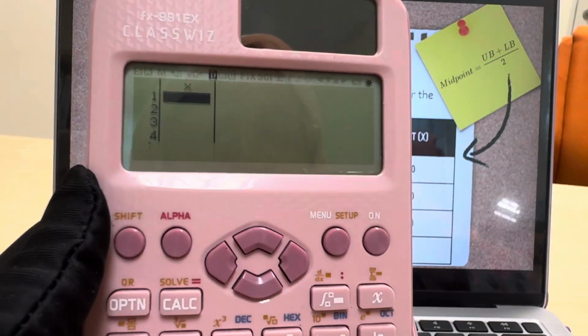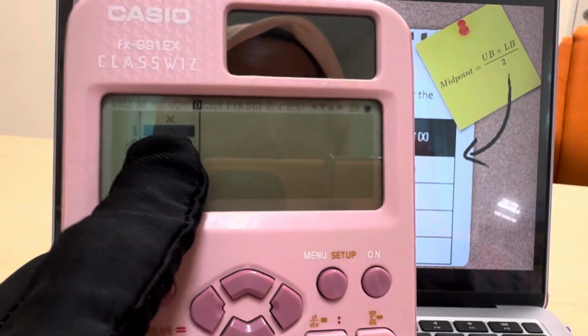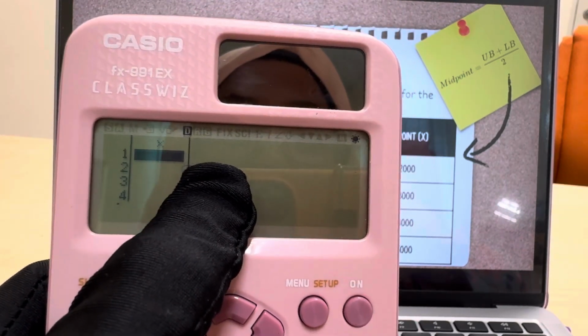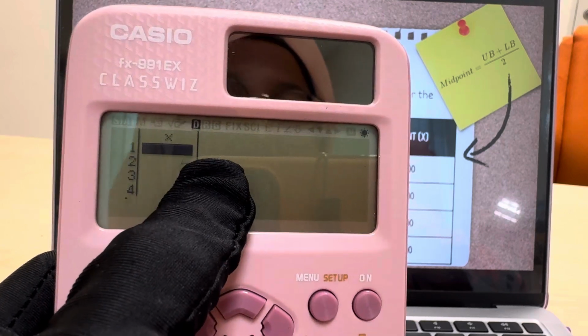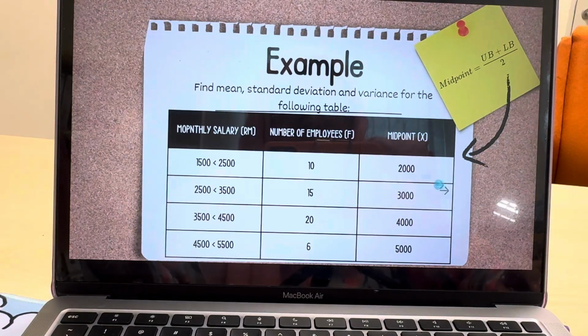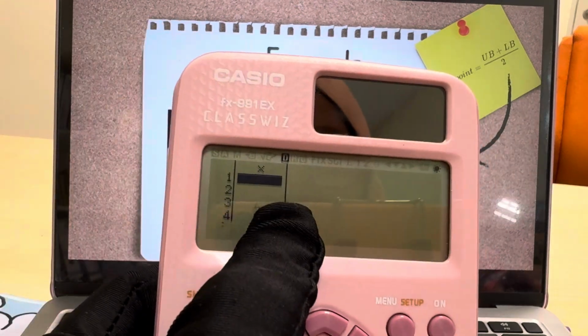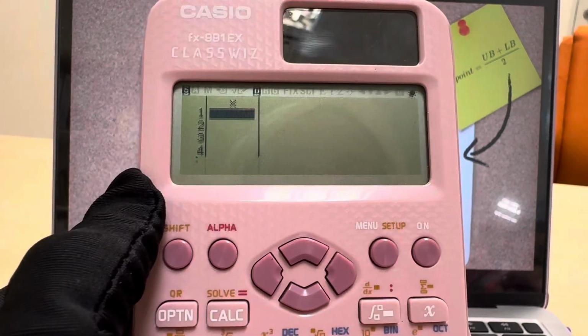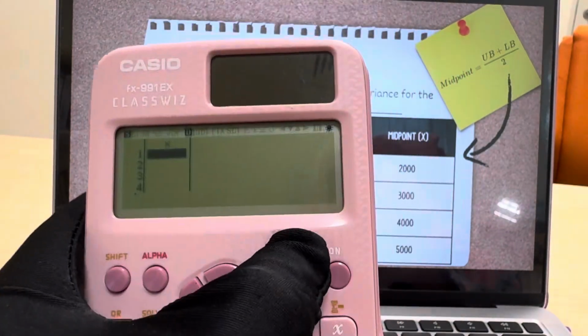However, this calculator now doesn't have a column for frequency. So you must turn on the frequency in order to solve this kind of equation. To turn on the frequency, press shift and then press menu.